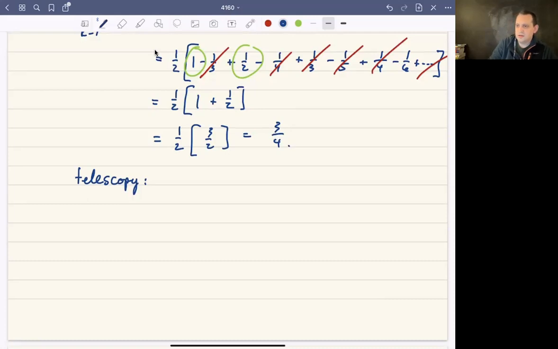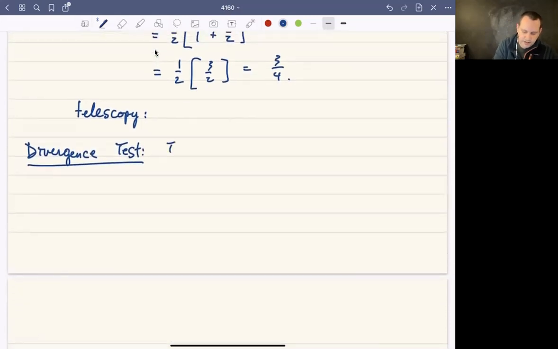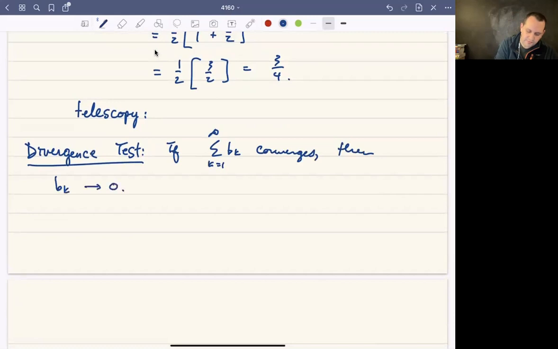There's the comparison test. There's the divergence test. Let's start with the divergence test, because I think I forgot to write that down. So the divergence test basically says that if you have a series and the series converges, then the terms b sub k have to go to 0.